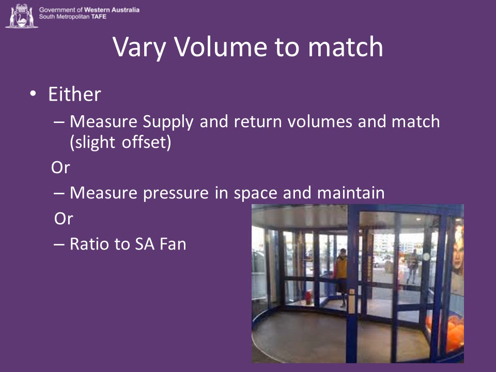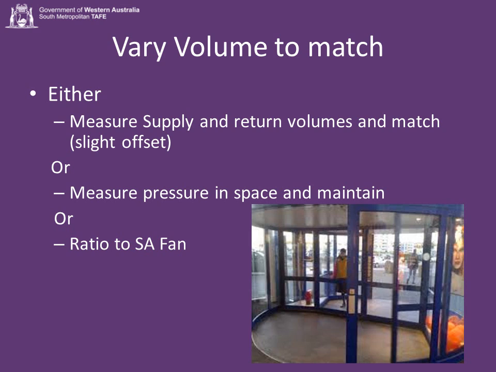Now there are three ways we can do this. The best way is to actually measure the pressure in the space and maintain it. An alternative is to measure the volumes that we're supplying and the volume that is returning and make the supply volume slightly more.